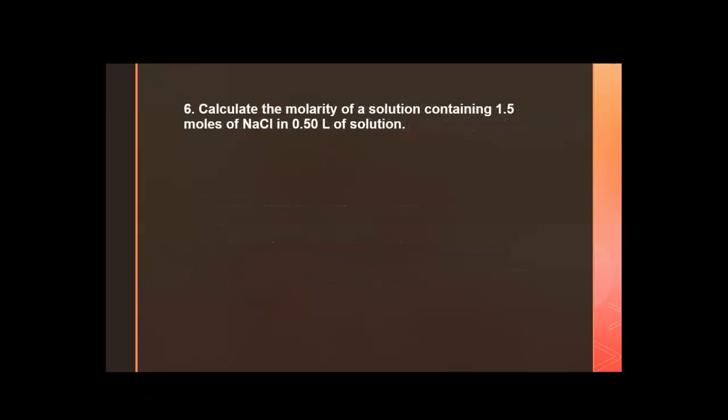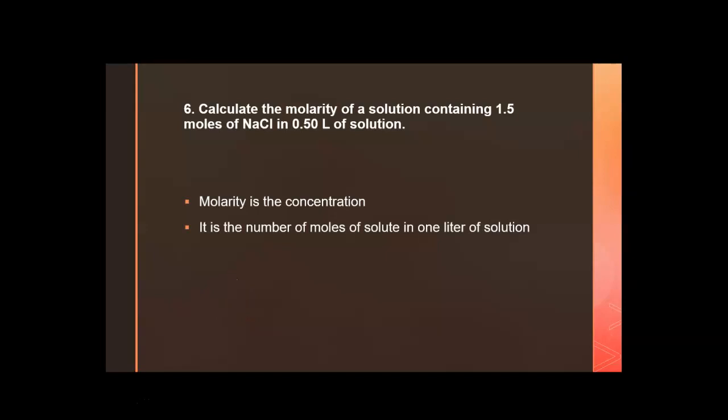All right, question 6. Calculate the molarity of a solution containing 1.5 moles of sodium chloride in 0.50 liters of solution. Molarity is the concentration. It's the number of moles of solute in a liter of solution. Or it could be the millimoles of solute in a milliliter of solution.